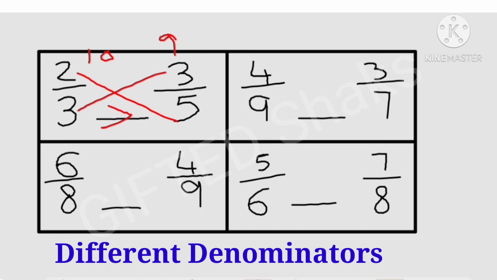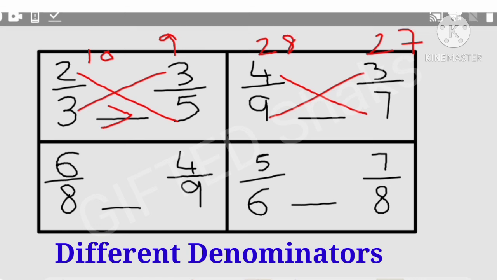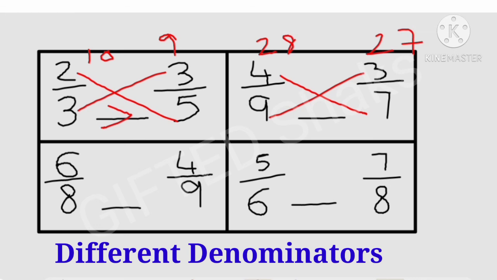Now in this case, 4 times 7 is 28. And 3 times 9 is 27. Which one is bigger? 28. So you have this sign here. Now in this case, 6 times 9 is 54. 4 times 8 is 32.